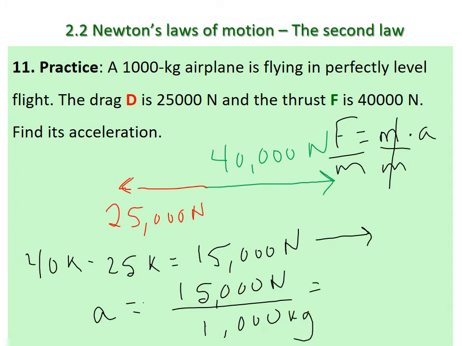So 15 E3 over 1 E3 becomes 15 meters per second squared. Excuse me, let me write this like IB. Meters times seconds to the minus 2. And that's our answer. Okay, going on, practice 12.